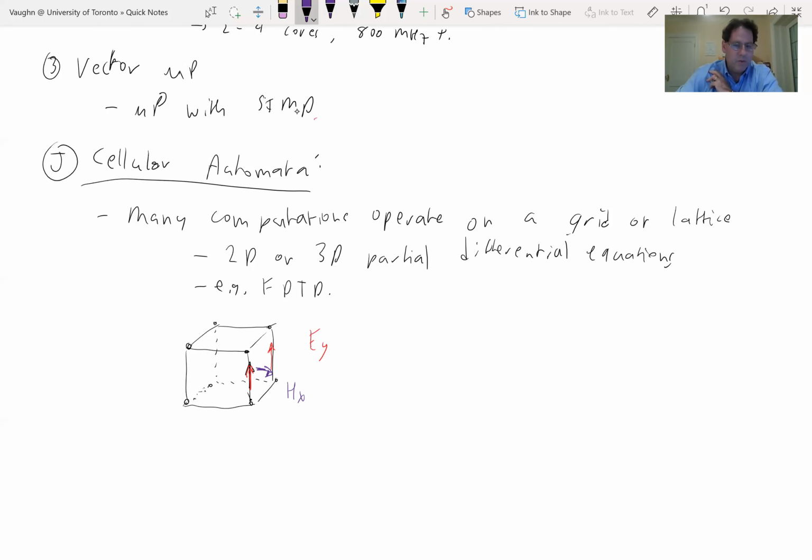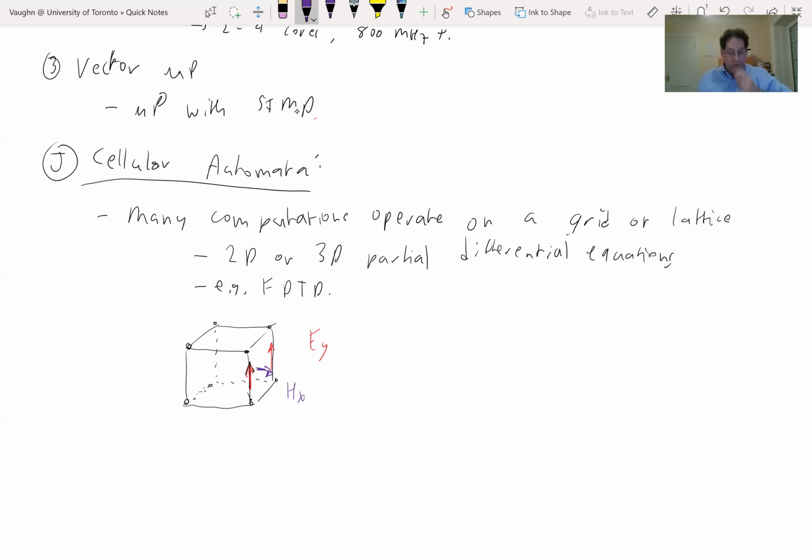From time equals 0, I would assume a certain set of electric fields. And from those, I can calculate throughout all these grid points the resulting magnetic fields. From those magnetic fields, I can then advance time a little bit and compute the resulting electric fields, and keep doing that for some particular time. And I'll eventually get the electric and magnetic fields throughout this whole volume through some period of time.